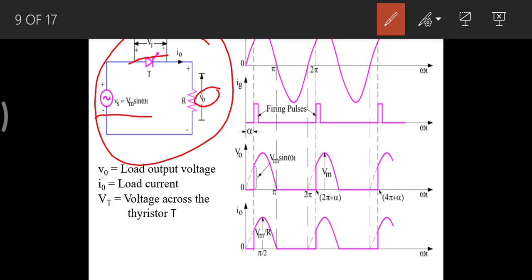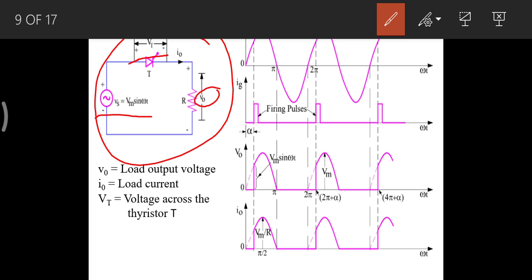This gate pulse is used to trigger the SCR. It is also called the gate pulse or firing pulse. So when we apply this pulse to the SCR, at that time the SCR is turned on. Okay? See here how the output is expressed.